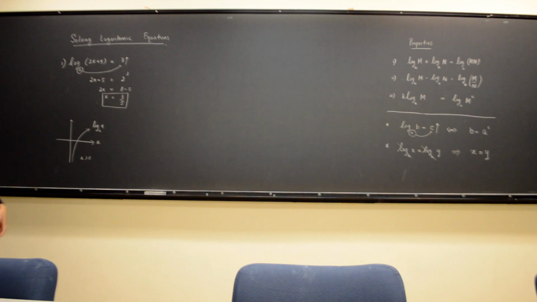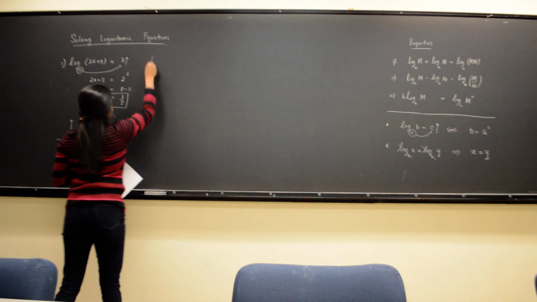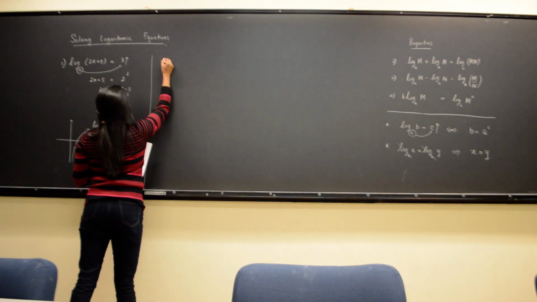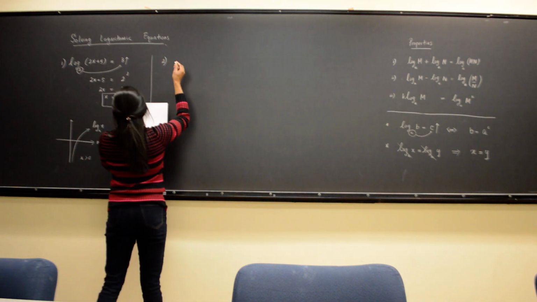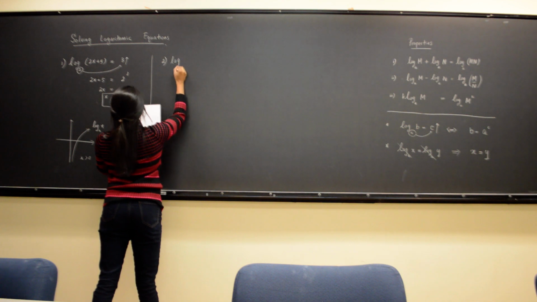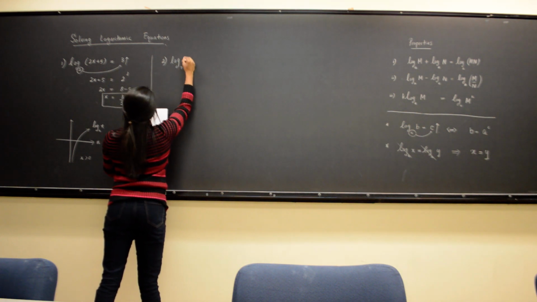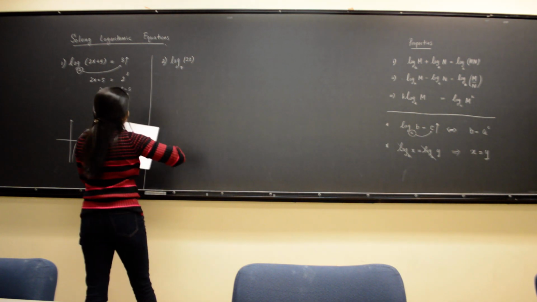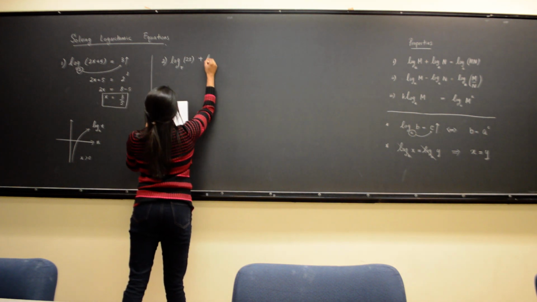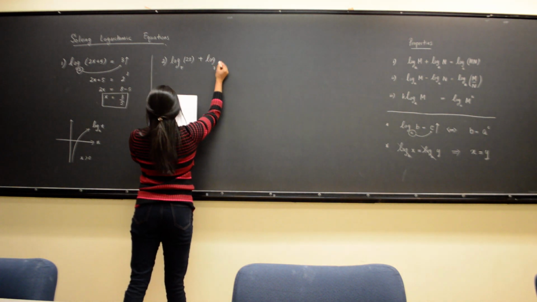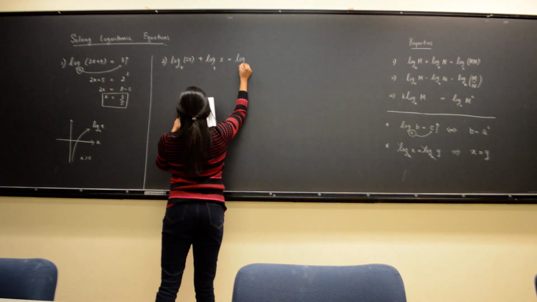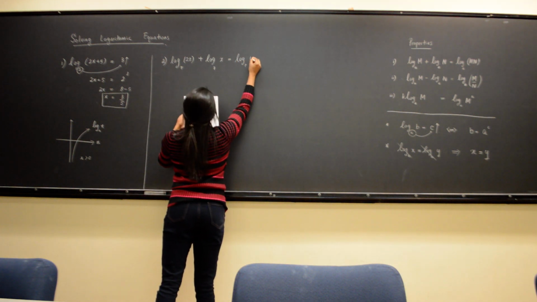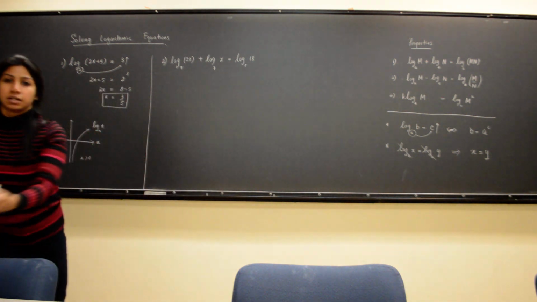Let's do another example of a different type. Log to the base 7 of 2x plus log to the base 7 of 18.